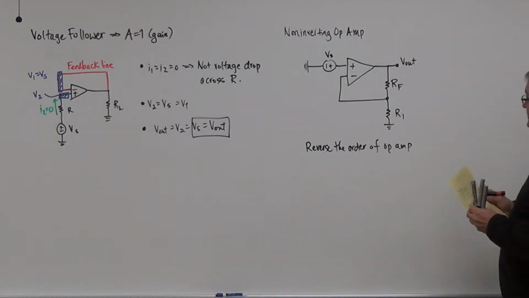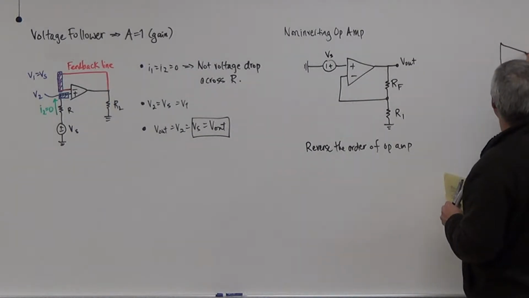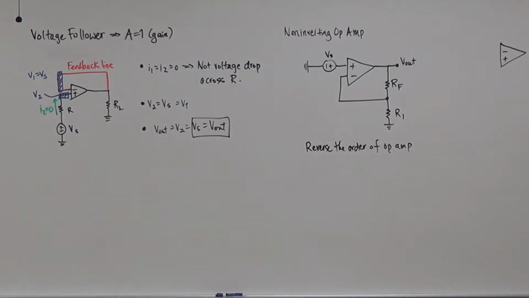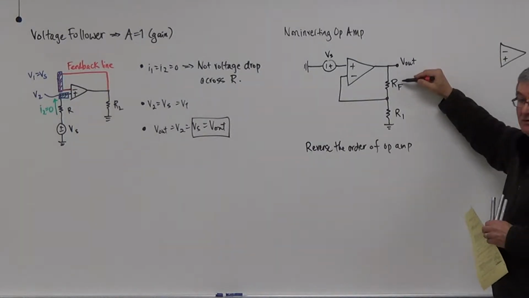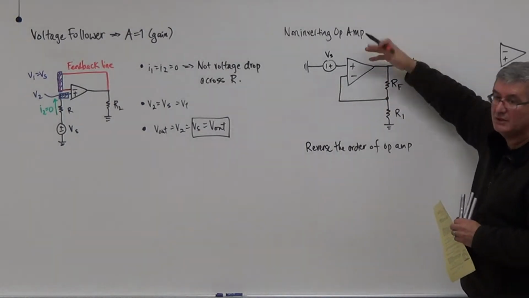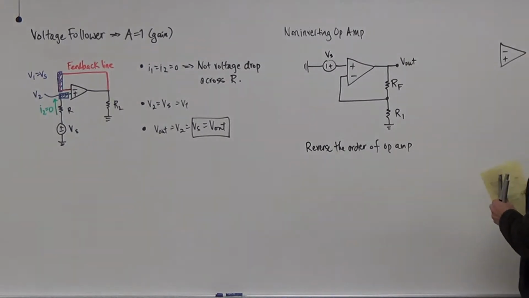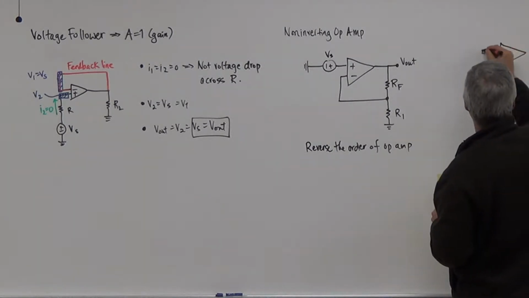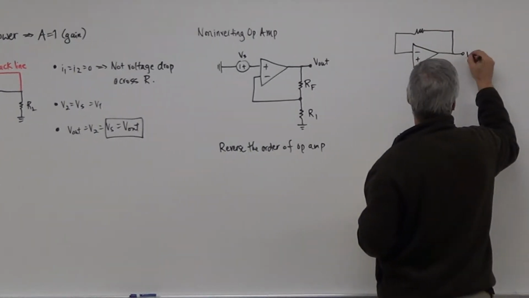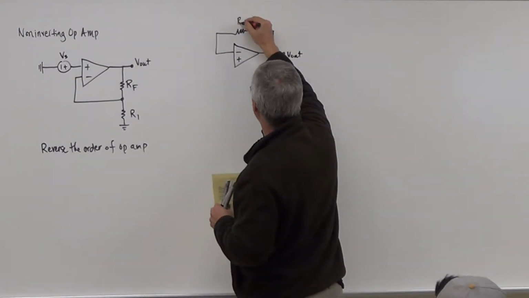Here's my op-amp. I want the negative on top, and if I just flip this whole thing upside down, that feedback resistor has to come and attach to the output node. So this would be RF.